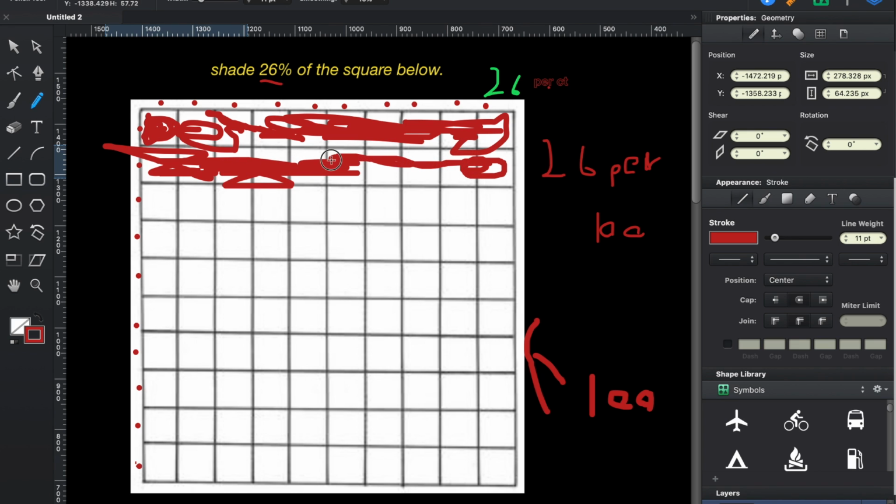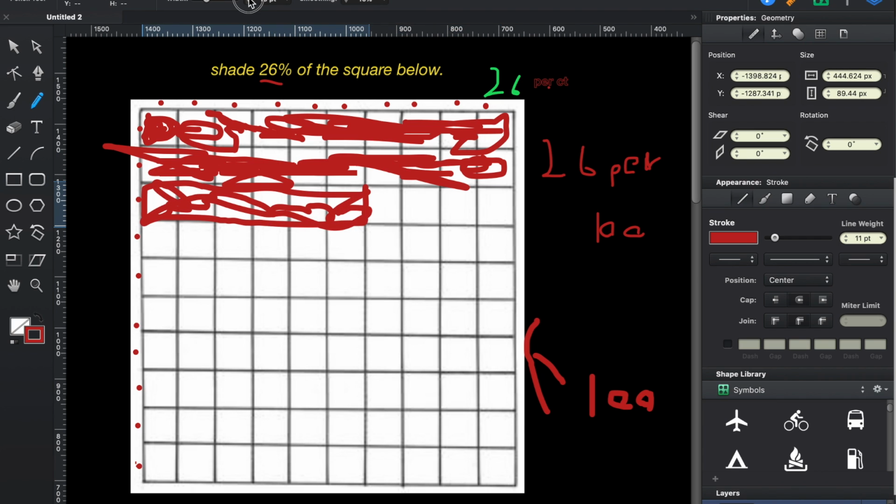Even if I got it a bit wrong, I don't care. So that's 20, and then shade 6. We'll shade this right here. Okay, so that's done.